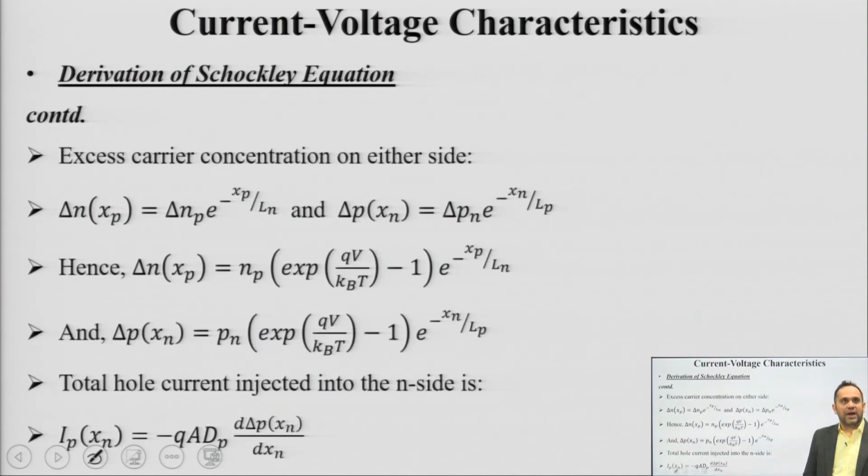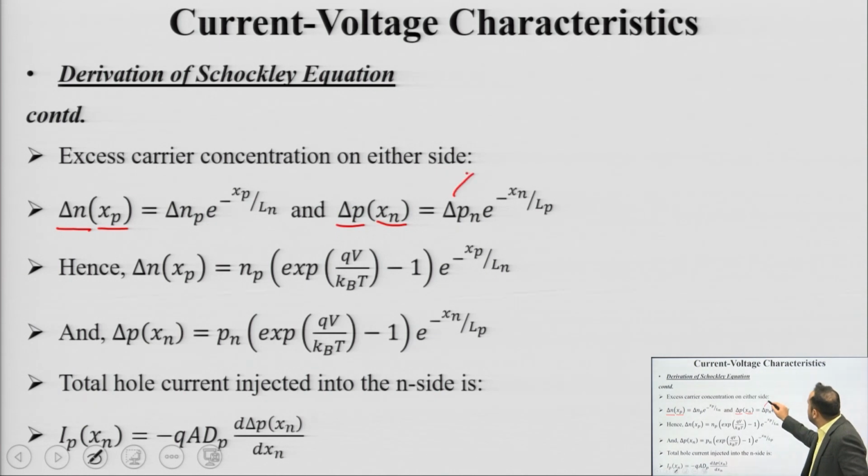Okay. So, now my expression for excess carrier concentration changes, excess electron with respect to xp. Now, this is not at x equal to xp, but with reference to an axis known as xp on the p side of the depletion region. Similarly, excess holes with respect to xn is equal to this expression. Okay.